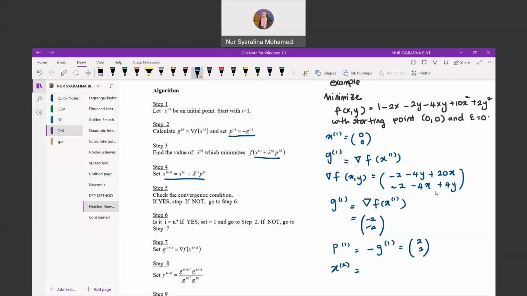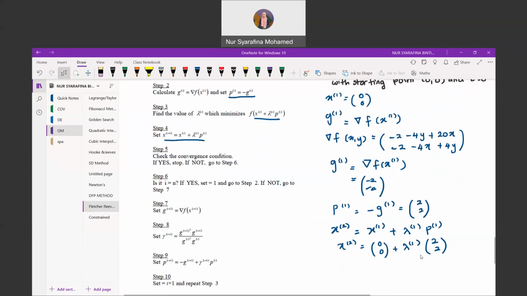So x2 is given by x1 plus lambda 1 P1, where x2 equals (0, 0) plus lambda 1 times (2, 2). So this is your x2, which equals (2 lambda 1, 2 lambda 1).